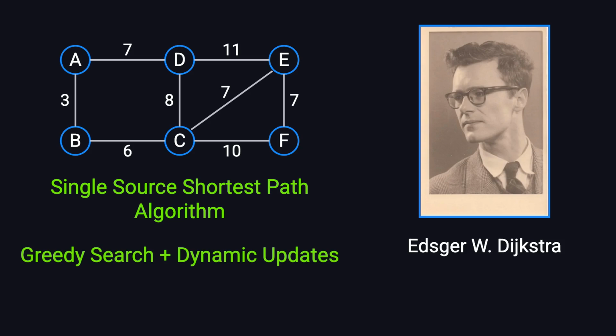At every step, Dijkstra picks the node with the smallest known distance from the start, one that hasn't been fully explored yet. Then it tries to use that node to update the shortest path estimates to its neighbors. It keeps repeating this process until the shortest paths to all nodes are found, or until the goal node is reached, if we're only interested in one destination.